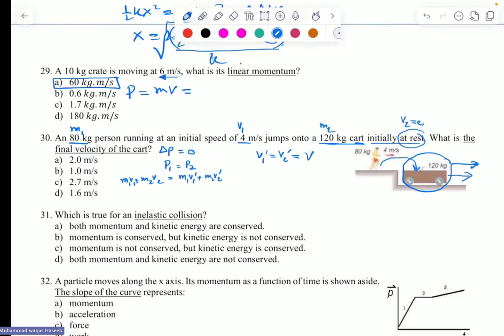So in our equation, the m2 v2 term goes to 0. So we have m1 v1 equals m1 plus m2 times v, because they are moving with the same velocity. So now we calculate this v, which is nothing but m1 v1 divided by m1 plus m2.